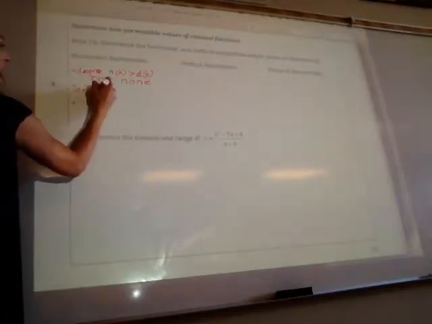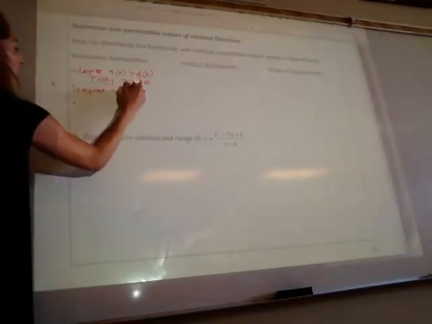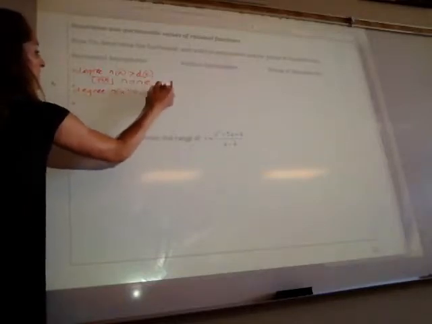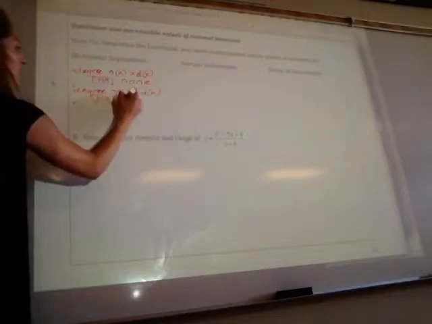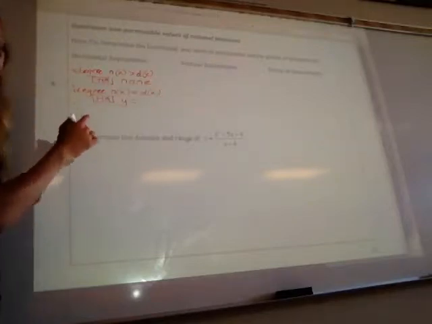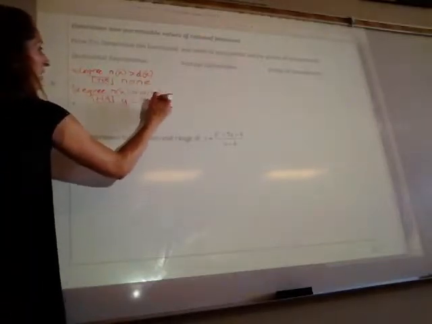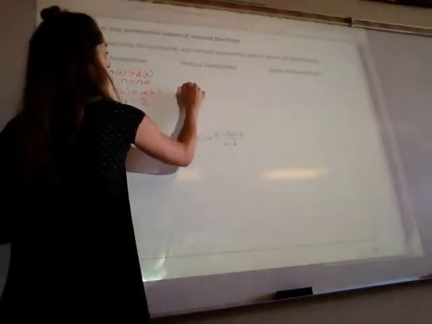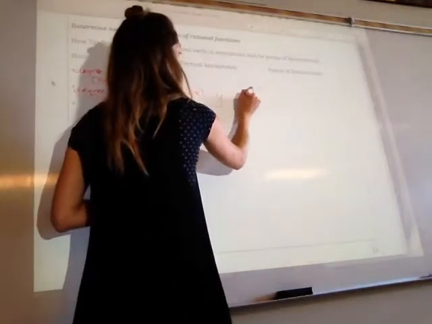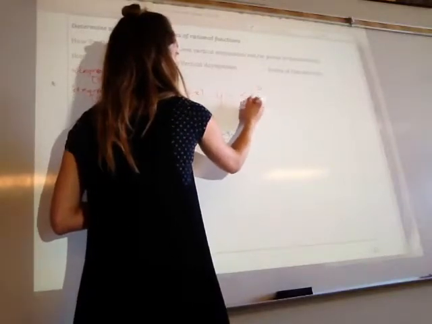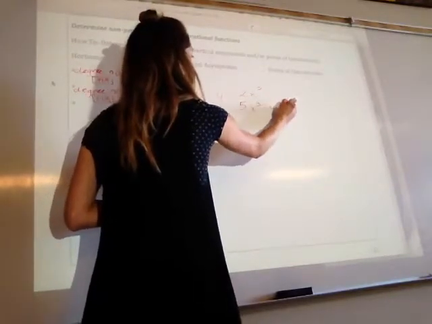If the degree of the numerator is equal to the degree of the denominator, then you're going to take the ratio of the coefficients, a over b. So just a quick example. Say you had the rational function 2x cubed over 5x cubed minus 4.